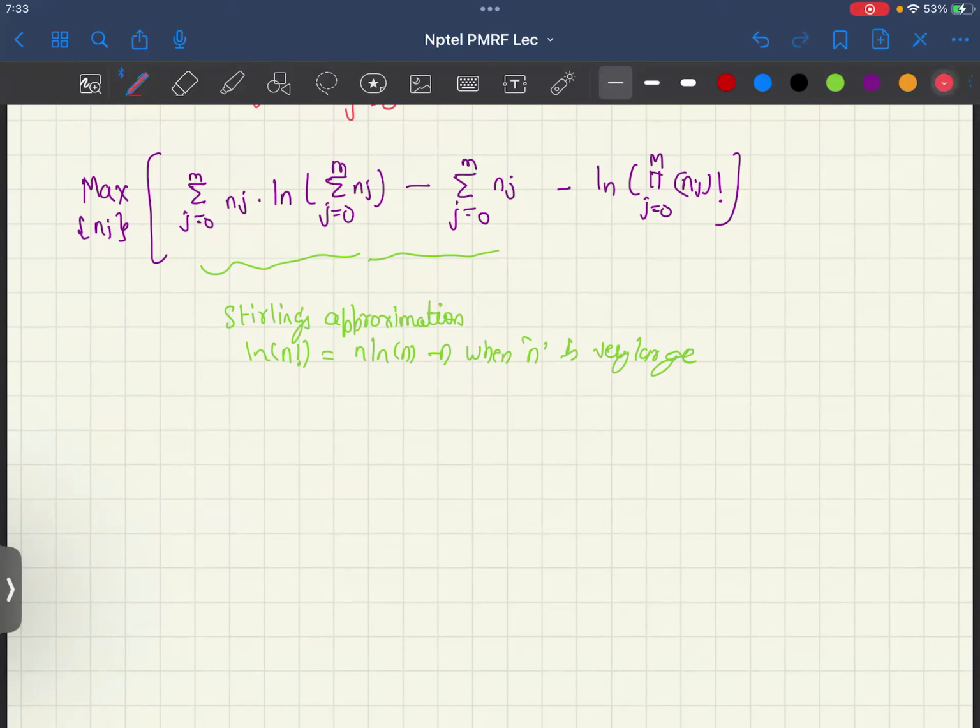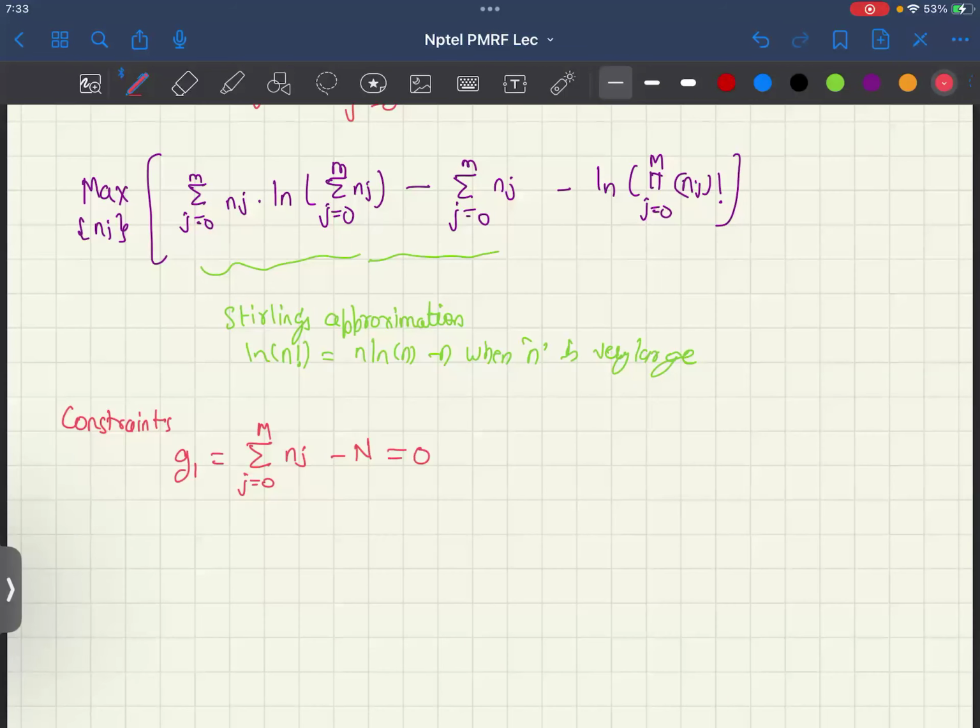Now the constraints are g1 is equal to summation j equals 0 to m of nj minus n is equal to 0, then g2 is equal to summation j equals 0 to m of nj epsilon j minus et is equal to 0.